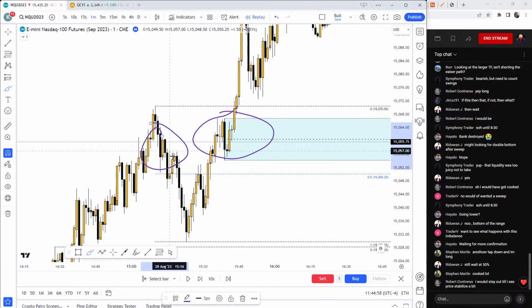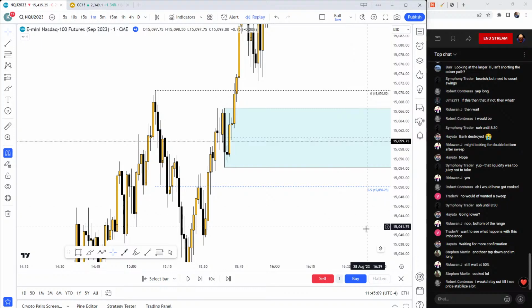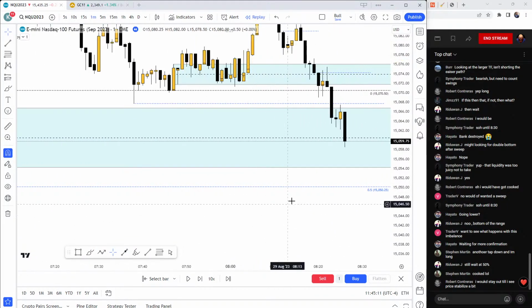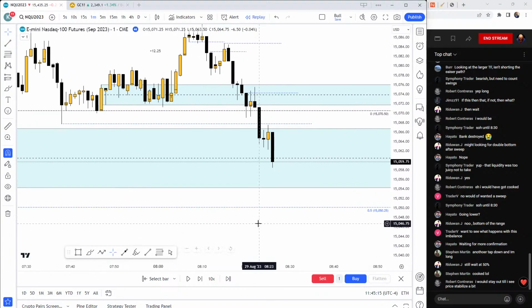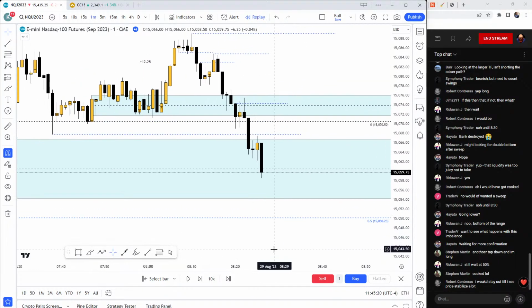These aren't 1 minute swings. This is just a higher time frame move over 13 minutes. So at a minimum, we want to see some sort of a change in order flow. That would give us a confirmation long. Otherwise, we're trying to catch the bottom of a falling knife.